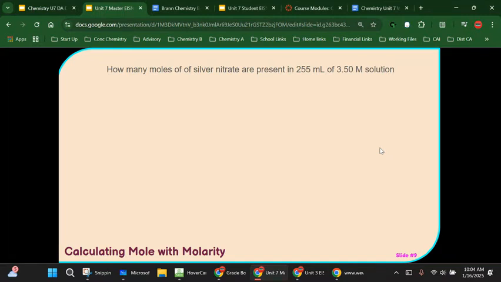Okay? This and this mean the same thing. Molarity means moles per liter. All I did was do this so that you could see what's going to happen to liters. They cancel out. And what unit am I left in? In moles. Which is what I was looking for. So somebody take 0.255 times 3.50. Tell me what we get.